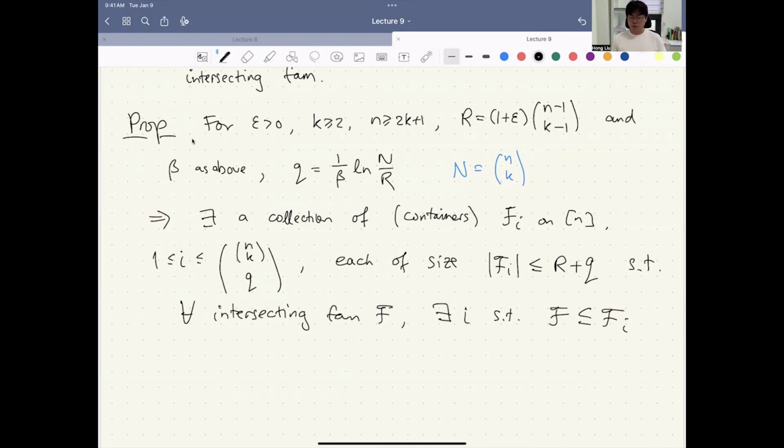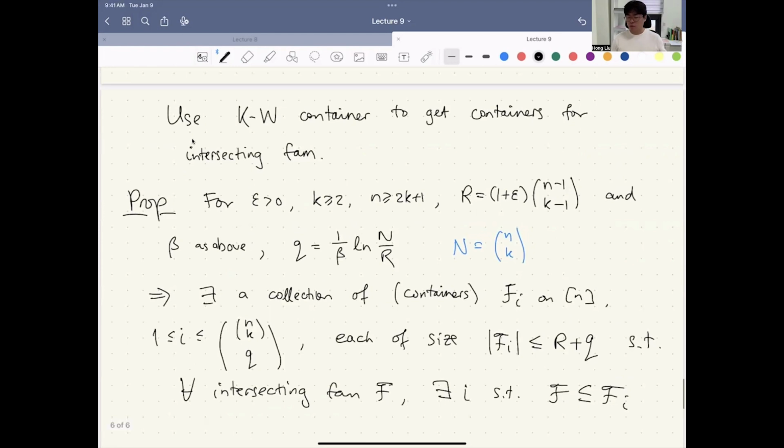This basically follows from using the container theorem we just proved. I will skip the details. It's essentially calculation to verify that you can indeed use that.